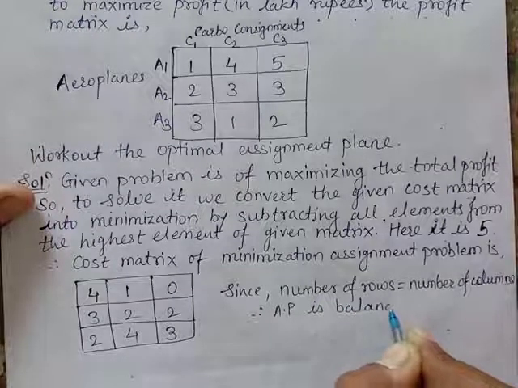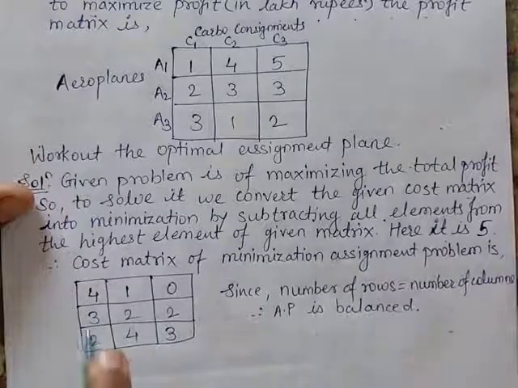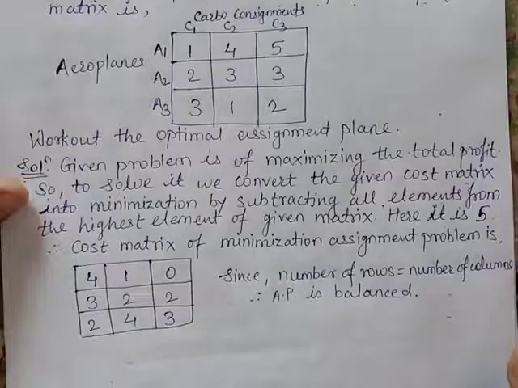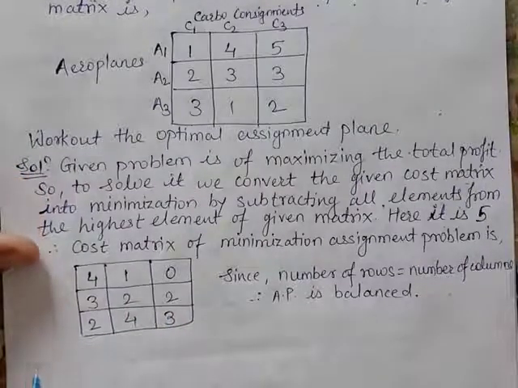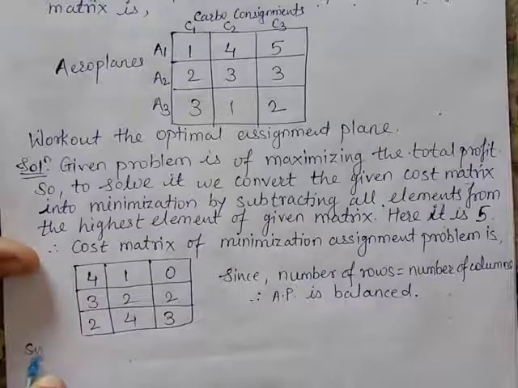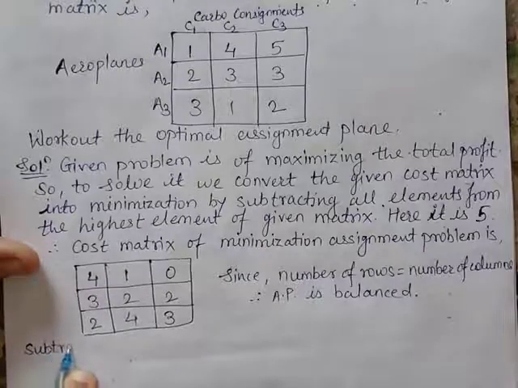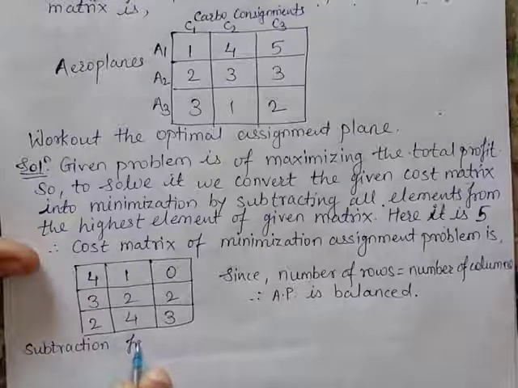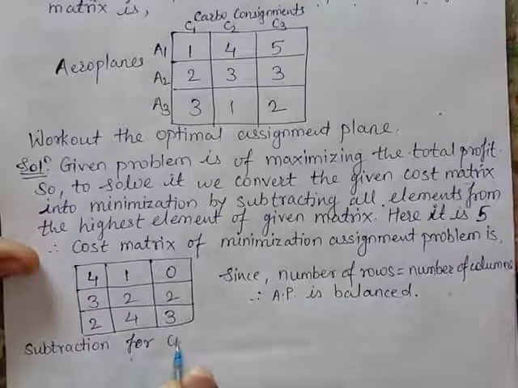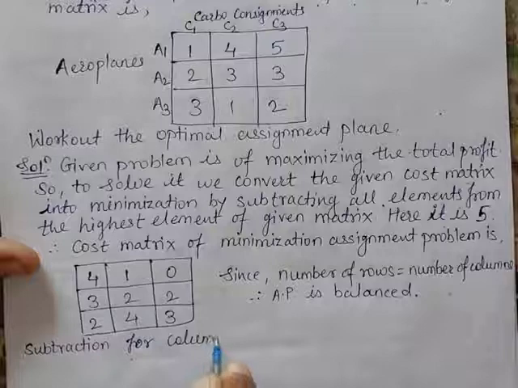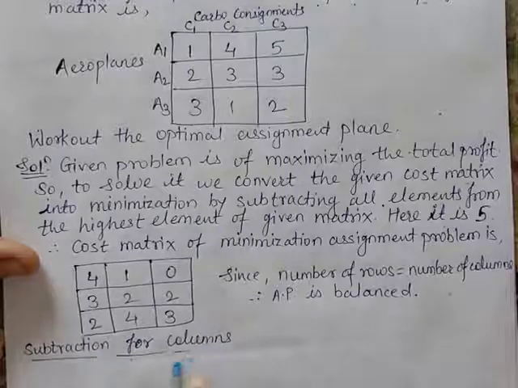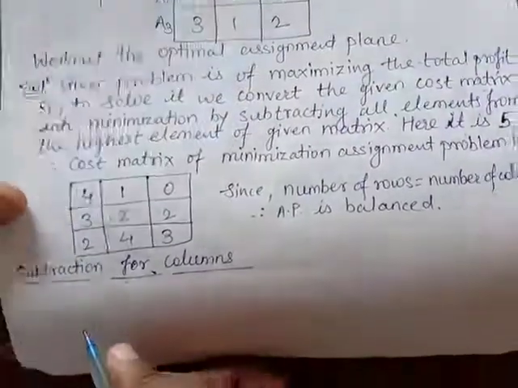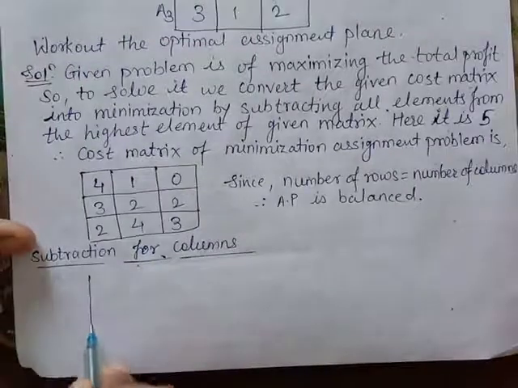This is a balanced AP. Now let's do subtraction for columns and subtraction for rows. Subtraction for columns, then we get the matrix.